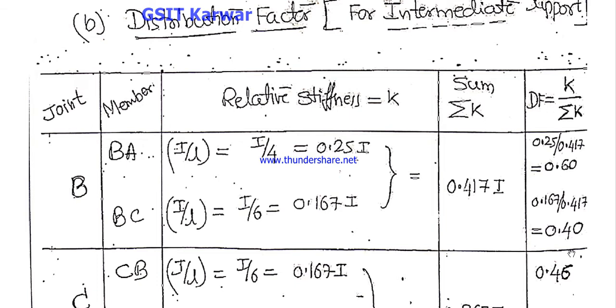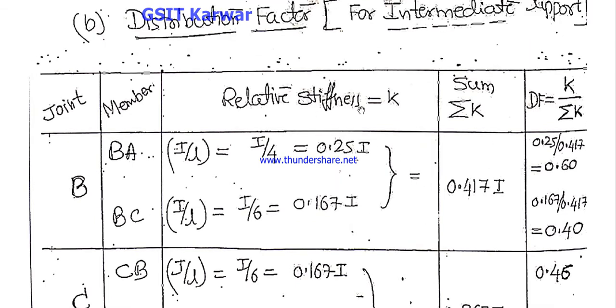You should write down this table: the joint, member, relative stiffness or K, summation of K, and distribution factor, which is K divided by summation of K. This is the table for calculating distribution factor.